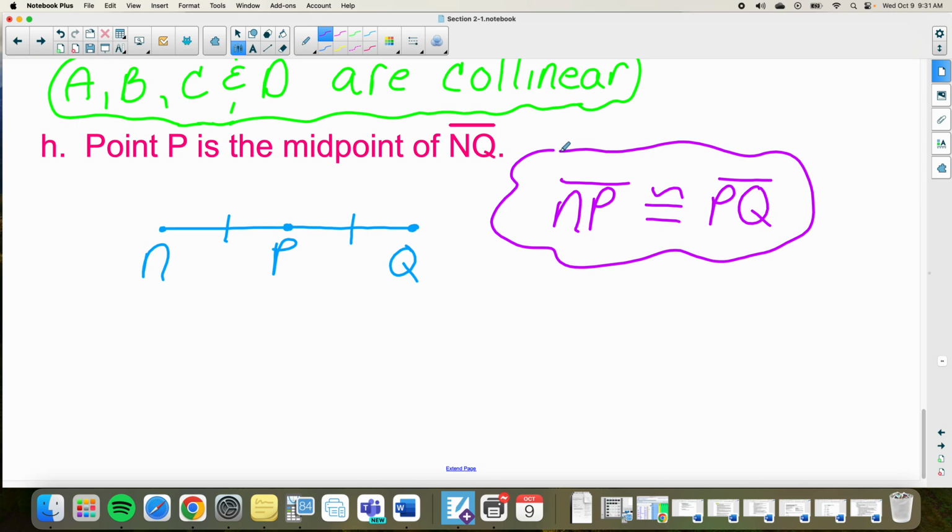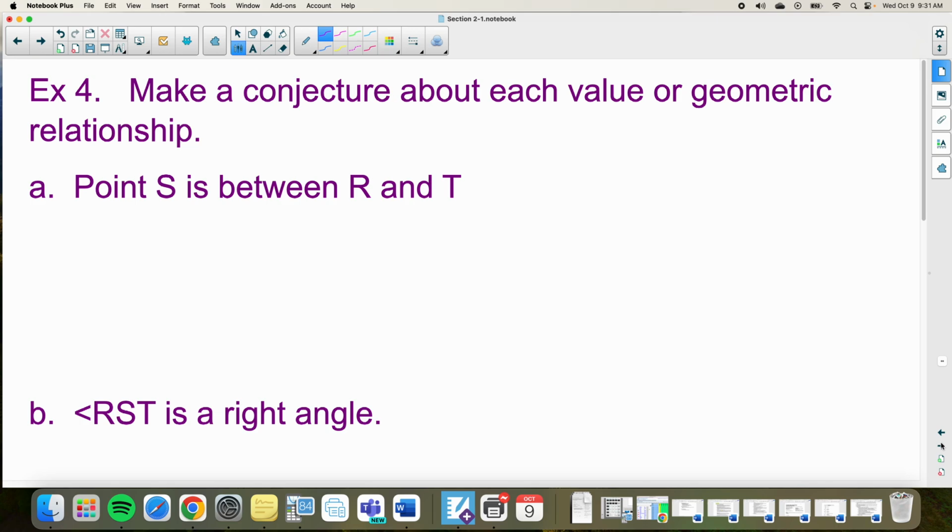Questions on any of that? Okay, let's go to this page. So this is kind of the same thing. We're gonna draw this out and we're gonna try to make a statement about it, okay? And again here, you can have more than one answer.